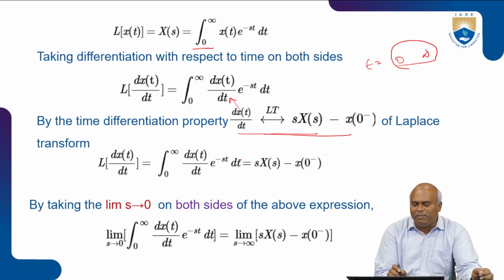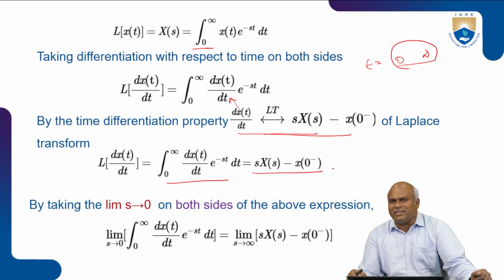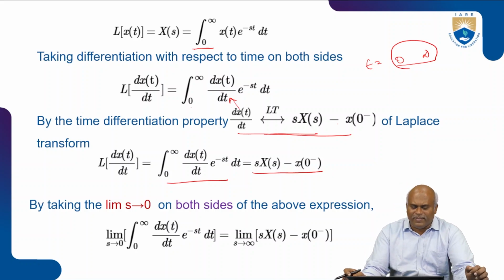So what will happen? The Laplace transform of dx(t)/dt is equal to the integral from 0 to infinity of d/dt x(t) e^(-st) dt, and this, the first differentiation, we got as s X(s) minus x(0-).